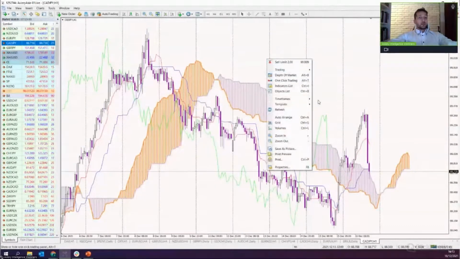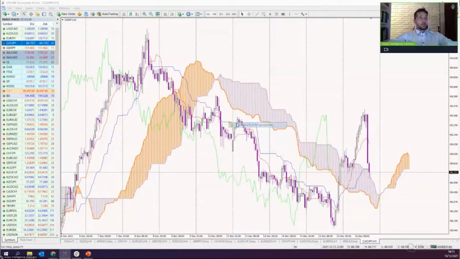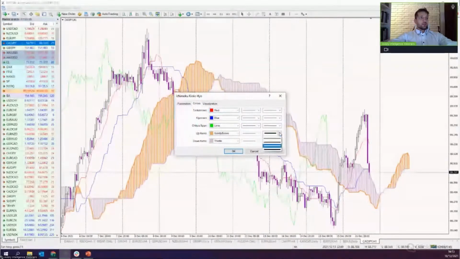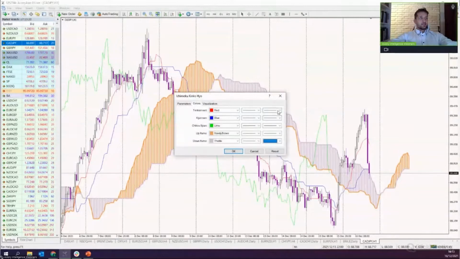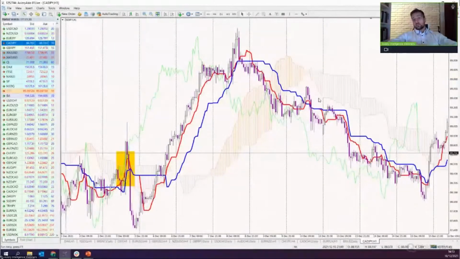Now, another way one can trade Ichimoku, and it's actually the one that is the most tempting for myself, is Tenkan-sen and Kijun-sen. And then you simply treat it as a crossing of moving averages.